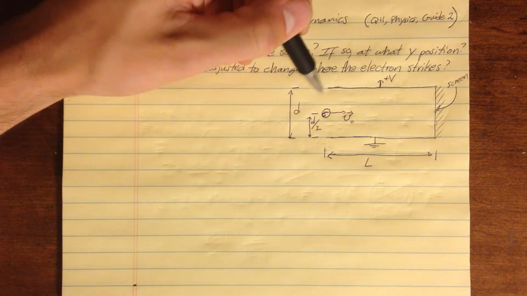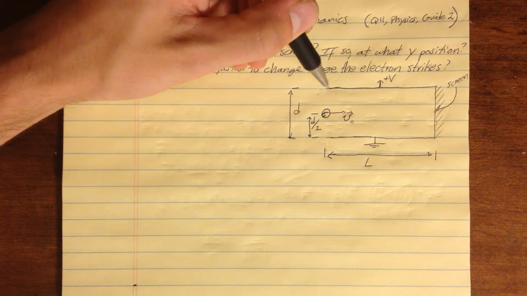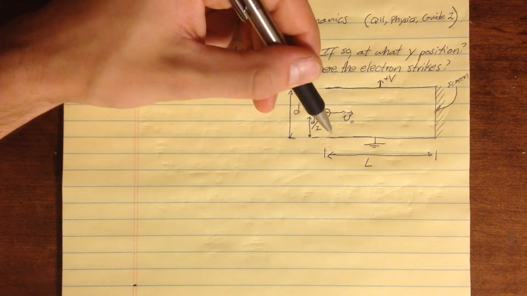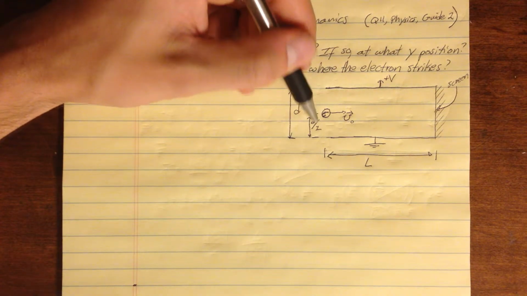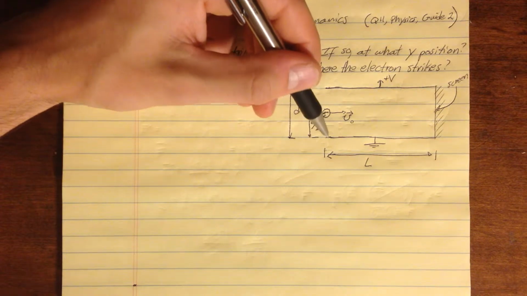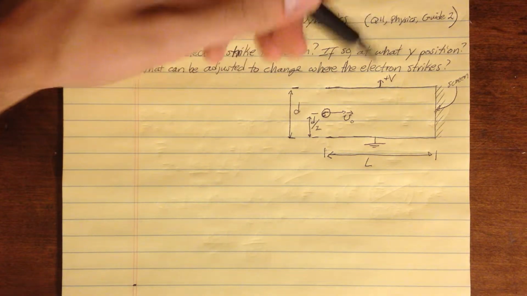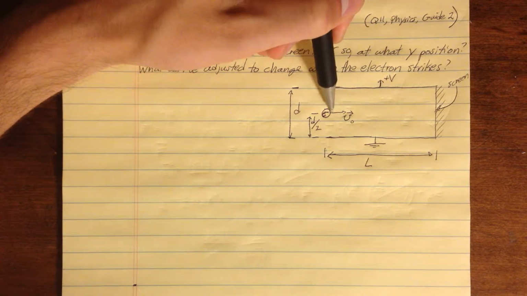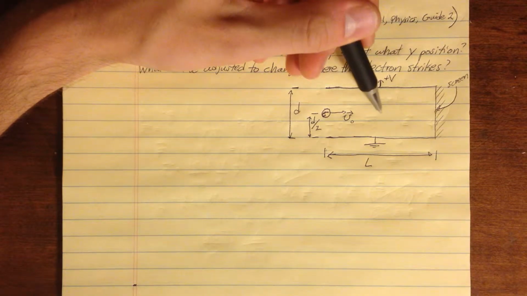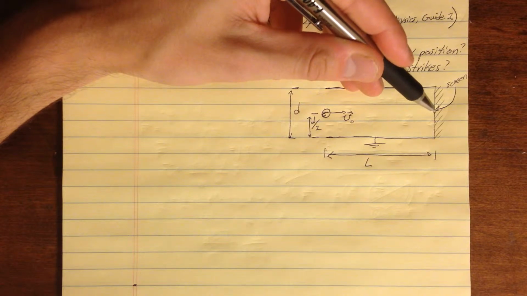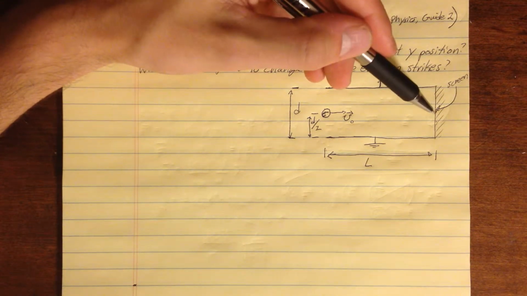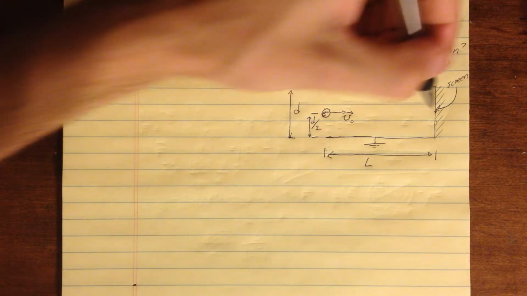It defines the width of the tube behind the screen as D. The width of that tube is D, and the height of the electron above the bottom plate is D over 2. So if nothing happens, this electron will just have some initial velocity and strike the screen at D over 2 from the bottom plate.